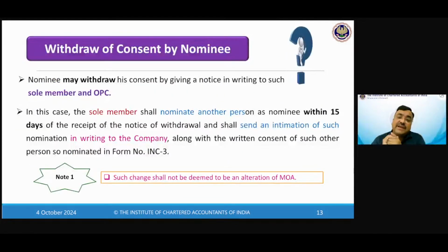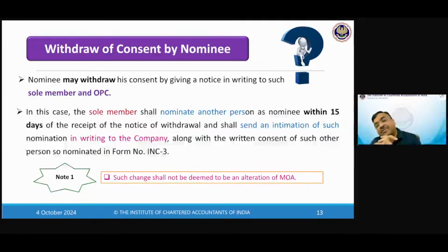Now, question arises whether nominee can withdraw his consent. Nominee has given the consent in form number INC3. Now afterwards he is not interested to work as a nominee. He does not want to be a nominee in that particular OPC. So whether he can withdraw his consent, the answer is yes.